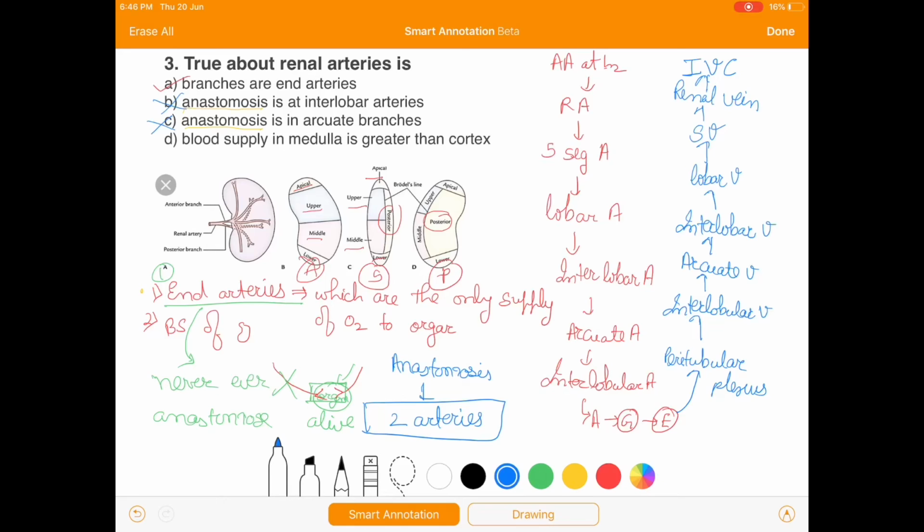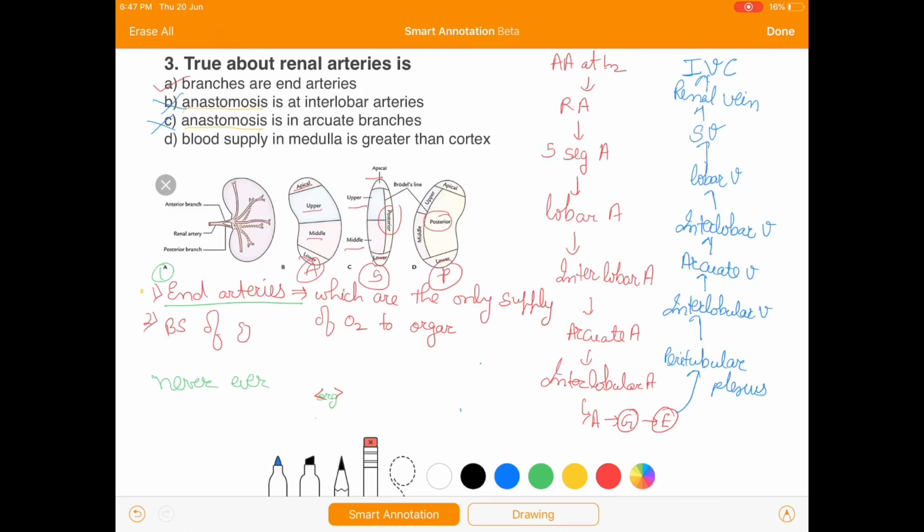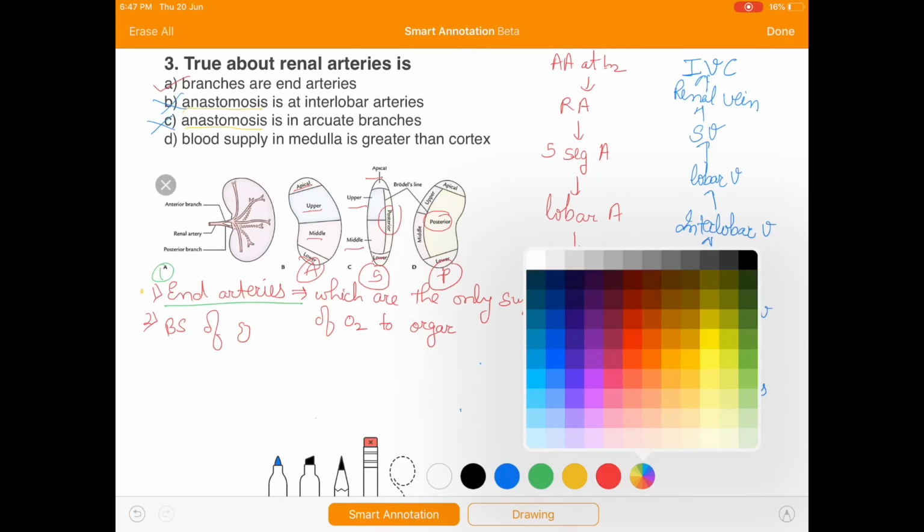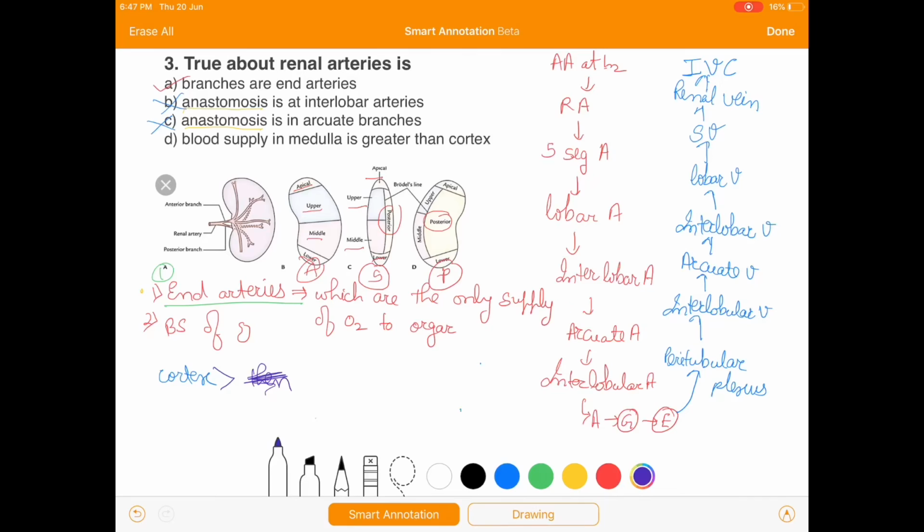Okay, now I'll make some space over here, stating some facts about the blood supply to the kidney. That is, cortex has more blood supply than medulla.